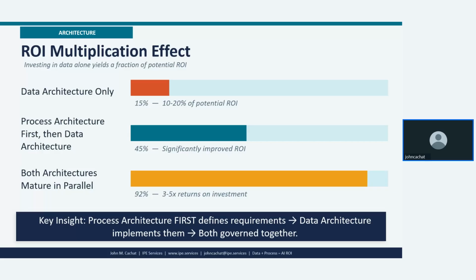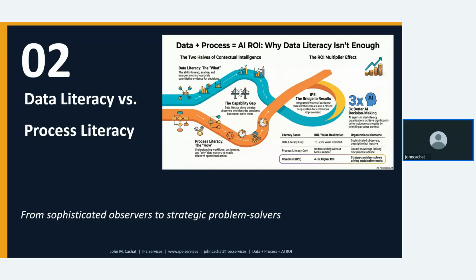Both of them need to be governed together. So data architecture, process architecture. Another comparison, data literacy, which you hear a lot of people talking about, versus process literacy.